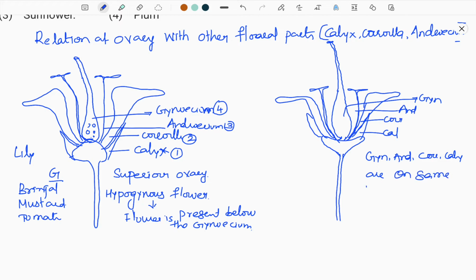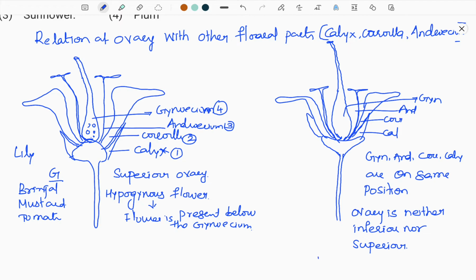Such a kind of ovary is called neither inferior nor superior. You can find in the diagram very clearly that all of them are present at the same position. So the ovary is neither inferior nor superior.